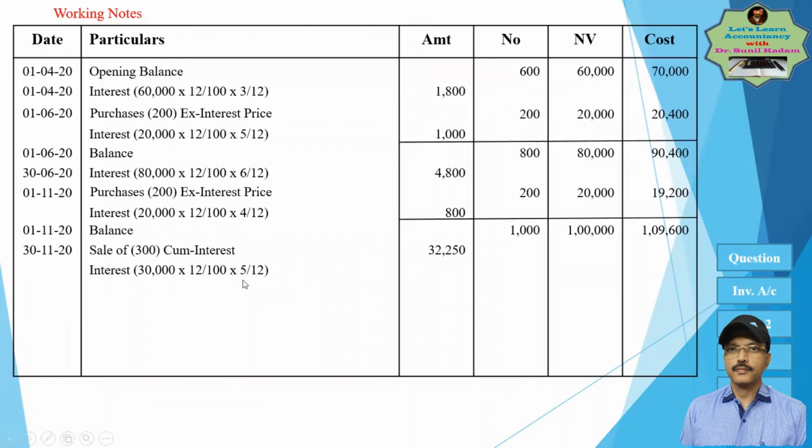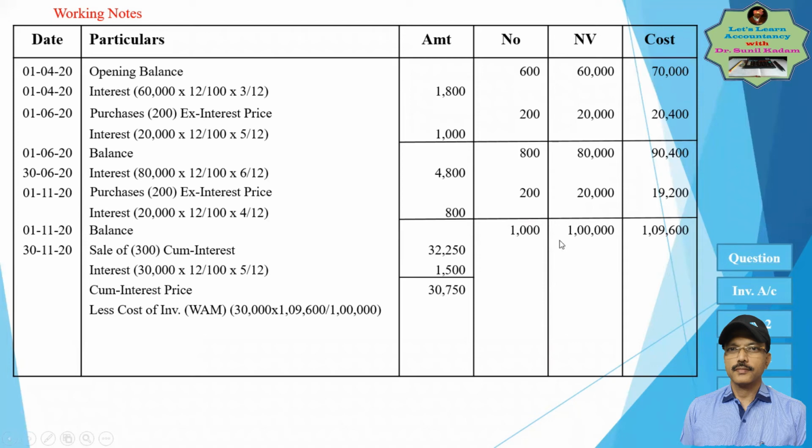Here, 30,000 at 12% for 5 months, the answer comes to 1,500. That will be deducted from the sales price because it is cum-interest price. So the net sales price of this sale is 30,750.